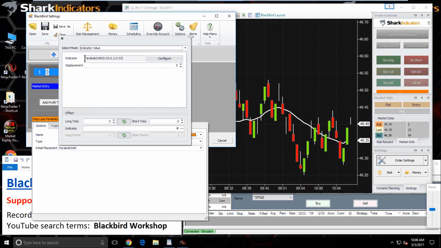So if you're using an indicator to set the location of your stop loss, then you would also just rewrite that indicator or add to that indicator, to also calculate an offset distance for the profit target.